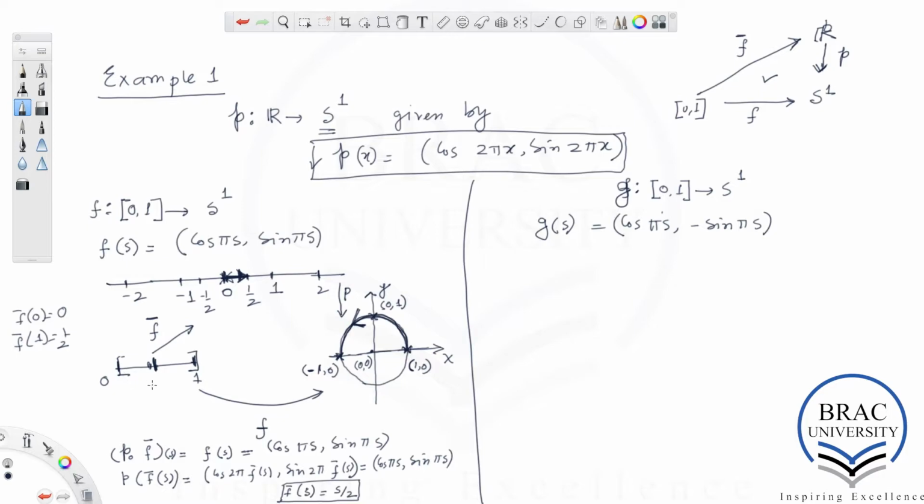So f of 0 is 1, 0, and f of 1 is minus 1, 0. If you plug in 1 here, then you have cosine pi, sine pi, which is minus 1, 0, this point. And take an intermediate point, say s equal to 1/2. Then you have cosine pi over 2, sine pi over 2. Cosine pi over 2 is 0, sine pi over 2 is 1. So this gives you this point 0, 1. Okay, so this is the loop that we are looking at.